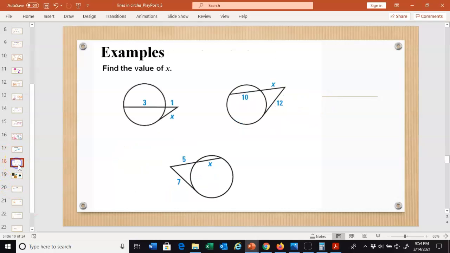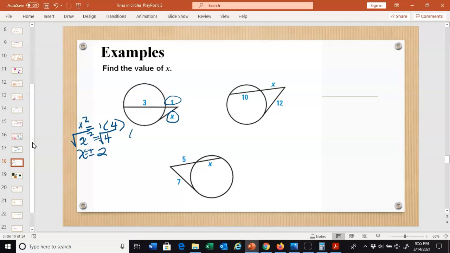So let's try some. We're going to do the tangent squared equals the outside piece times the whole thing. That's 4. So x squared equals 4. Remember, to get x by itself, the inverse of squaring is square rooting. So x equals plus or minus 2. Remember, when you square root something, you can have a positive answer and a negative answer.